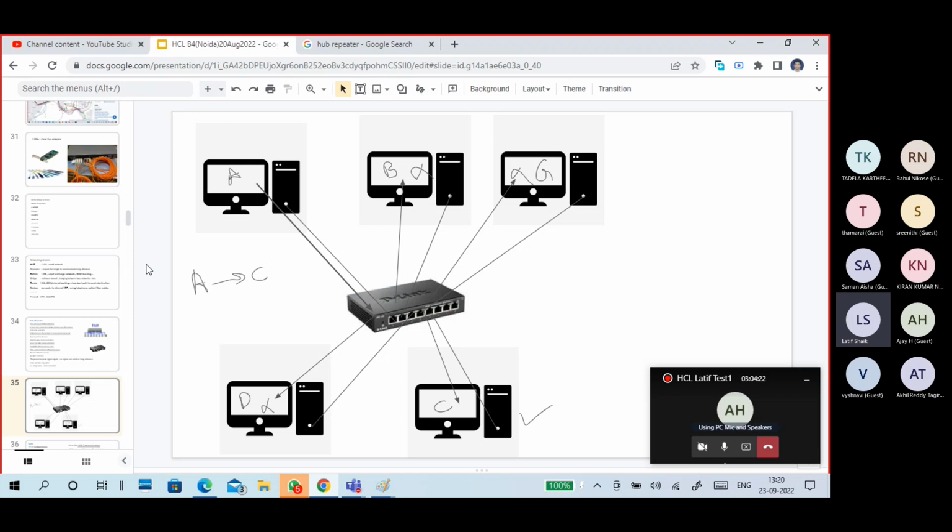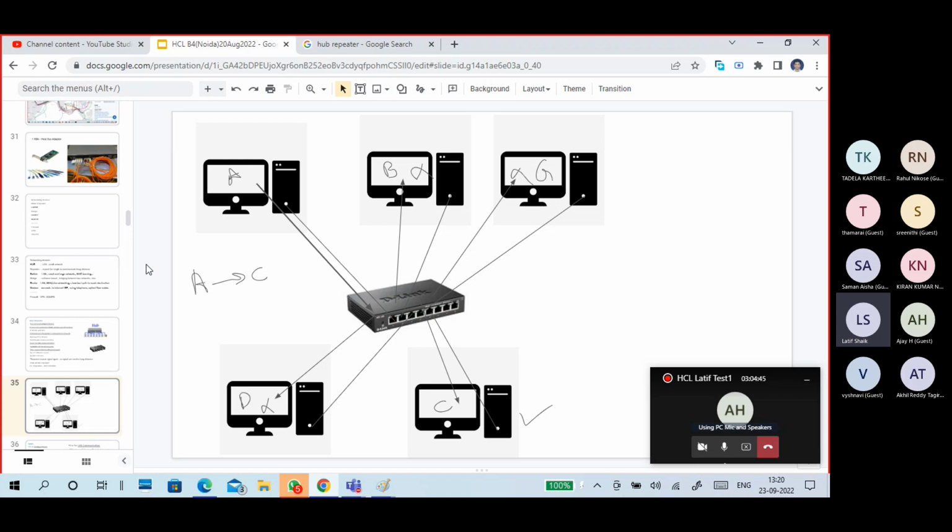So the point is, if B receives a packet, B drops the packet because it does not belong to B. Same for D, it also receives a packet and drops it. C receives a packet, it belongs to C, and it accepts the packet. Okay, so this is how hubs work.